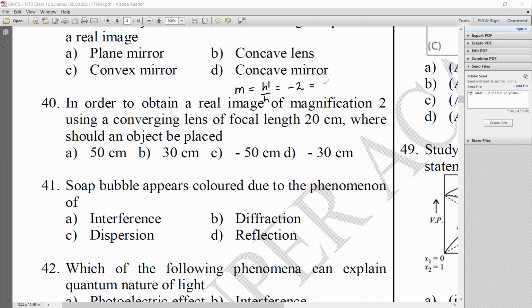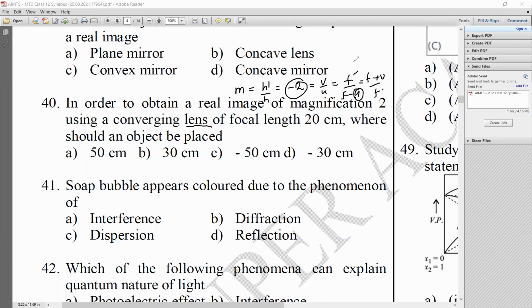Magnification m is equal to h dash by h, which is equal to v by u, which is equal to f by f minus u, equal to f plus v by u. So they're asking, f is given, magnification is given. Fine.